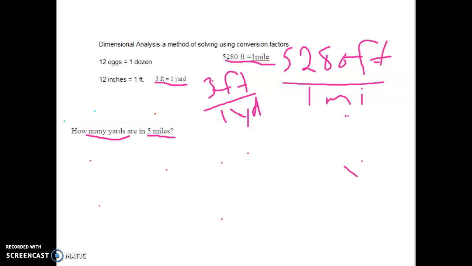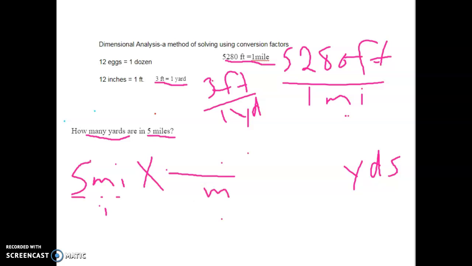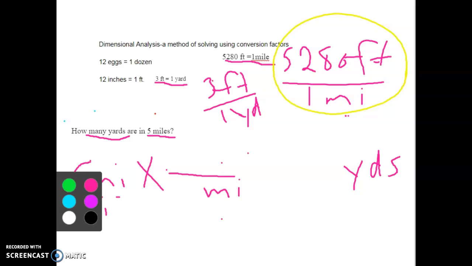So I want to end up with yards. I'm going to start with miles. My first conversion factor, I know I don't want to end up with miles. My first conversion factor is going to be to get rid of miles. There's only one conversion factor that has miles in, and that's this one right here.